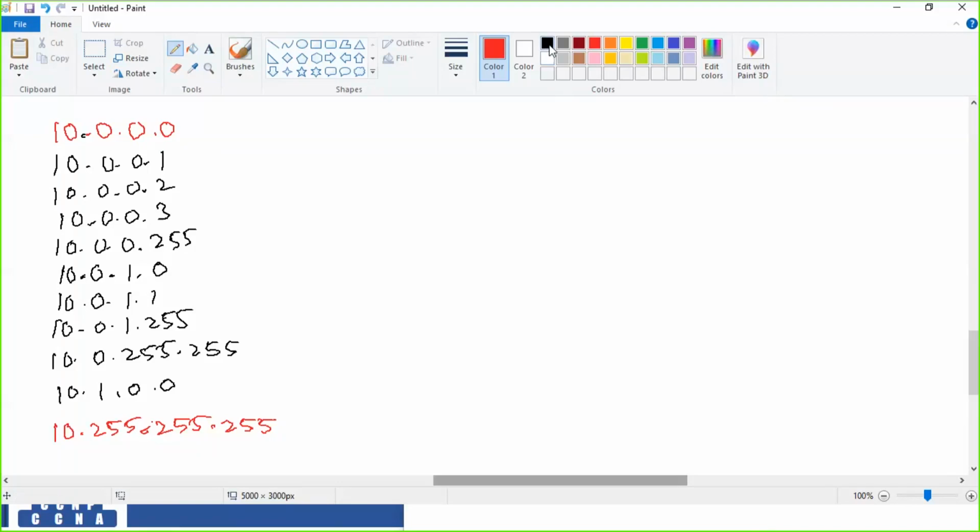So this is the total 10 dot network range, 10.0.0.0 to 10.255.255.255.